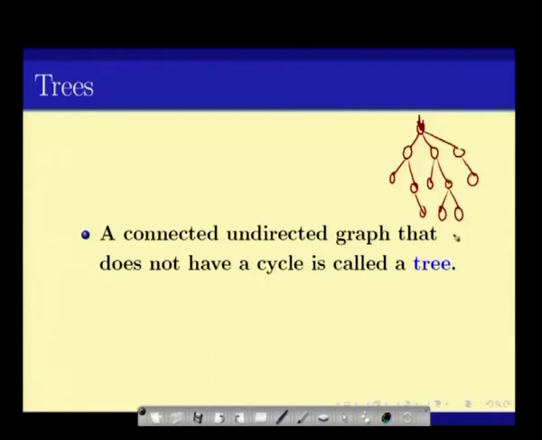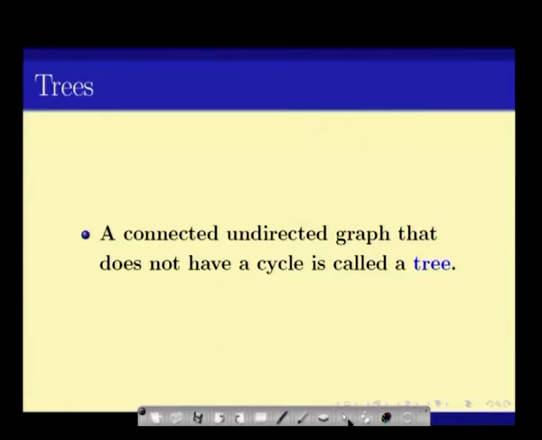You can think of it in the opposite direction, where I make the root as the bottommost thing, and then everything is like a branching that keeps on happening. So, this one and this one are the same, and that is exactly why this is called a tree. A graph that does not have a cycle looks somewhat like this, and therefore, it is called a tree.